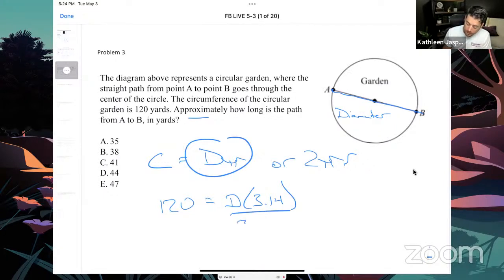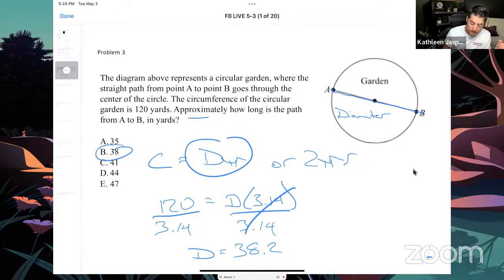So let's just divide by 3.14, divide by 3.14, and I get 38. So diameter is equal to 38.2, roughly. Well, the only one that is anywhere near 38.2 is 38. So B is going to be our answer.